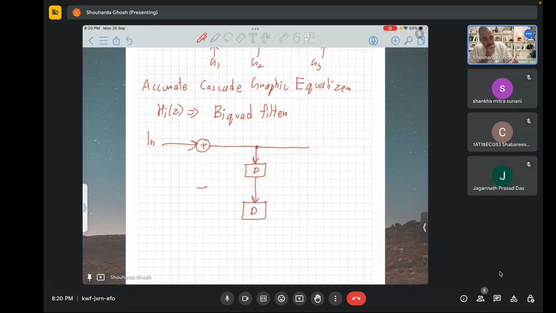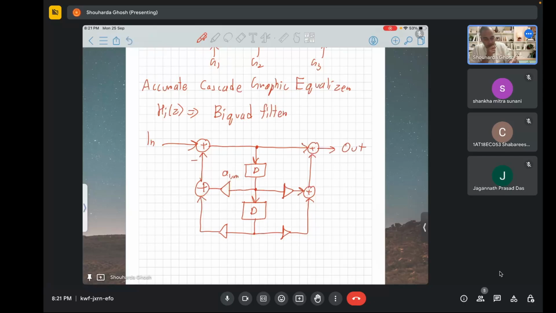The delay elements, then the gain elements, similarly, out, A1 of M, A2 of M, B1 of M, B2 of M.